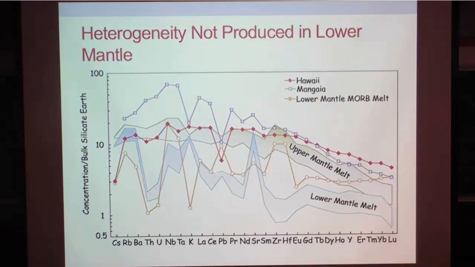So there's this lead anomaly. Again, I think that's related to recycling in subduction zones. Mangaia is one of the high mu, has a potassium anomaly. It's sort of consistent with its low inferred rubidium strontium ratio.